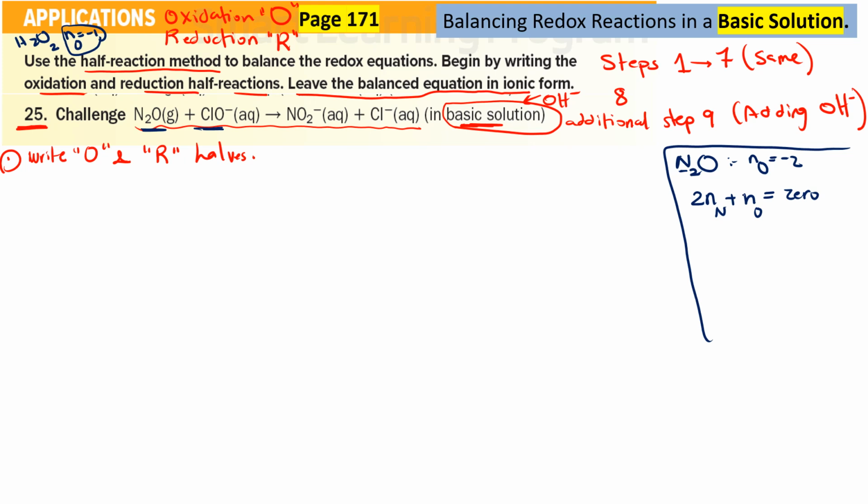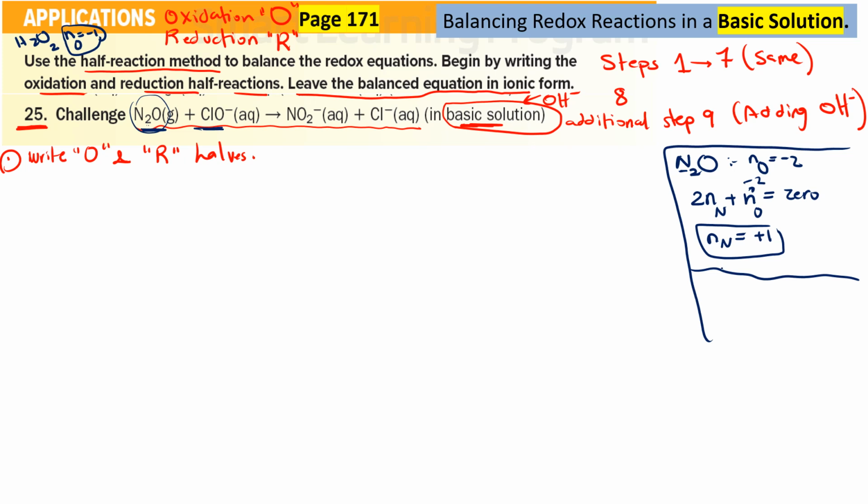If we solve this equation, we find that the oxidation number of N equals plus 1, because the minus 2 goes over and we divide it by 2. So the oxidation number of nitrogen here is plus 1.